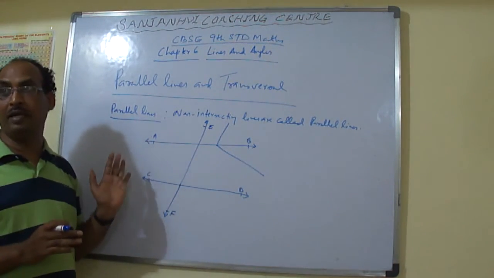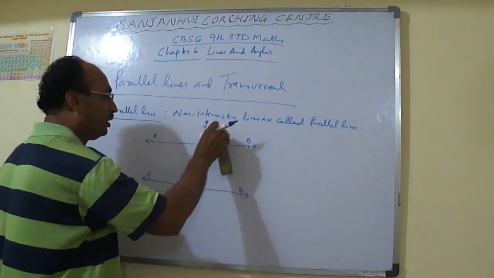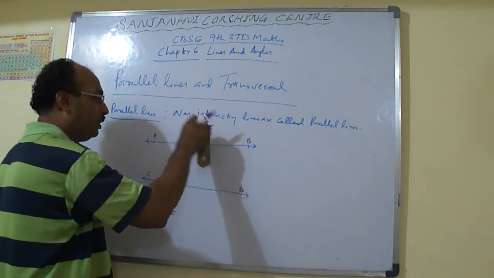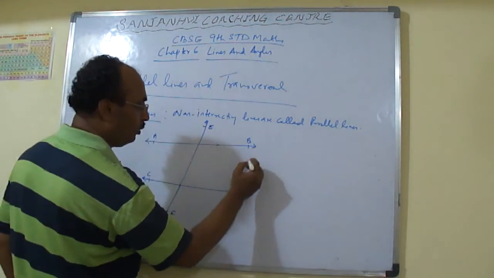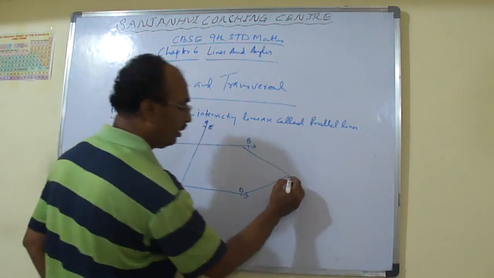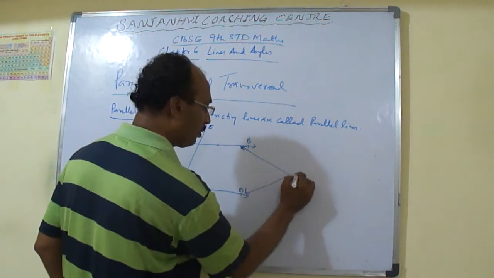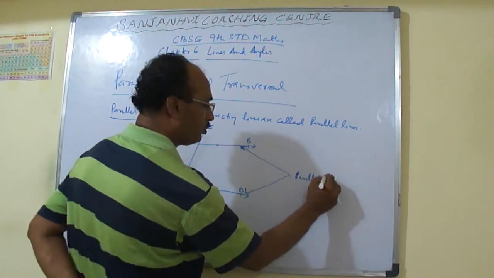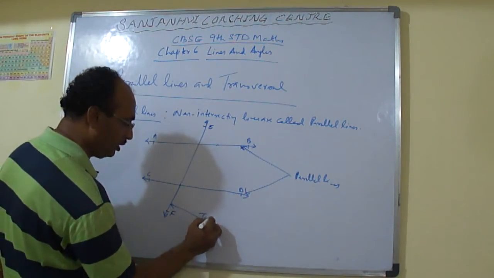It should be a straight line. Understood? Then it will be called a transversal. Right. So you can say these two are parallel lines. This is called the transversal.